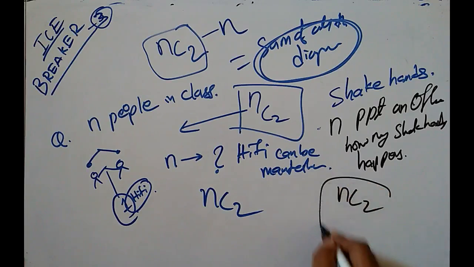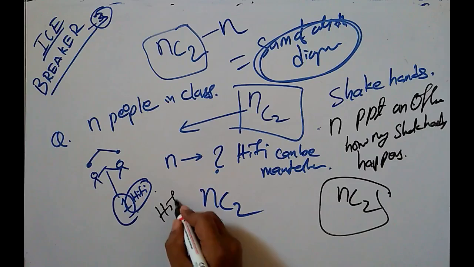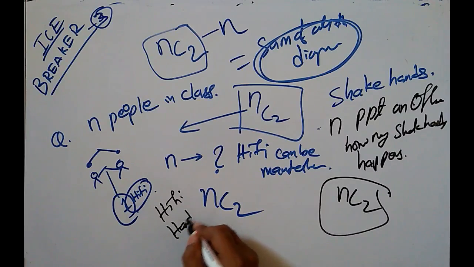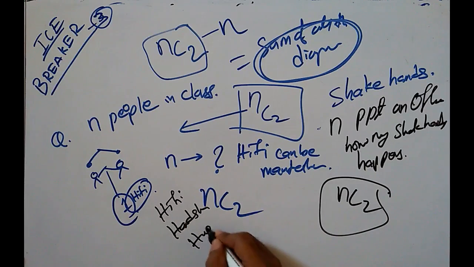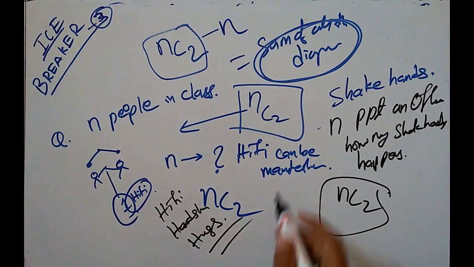NC2. The answer is NC2. Friends, this is not restricted to high fives, handshakes, hugs. Friends, we can go on. If 2 people come together and do 1 act, then this formula can be used, friends.